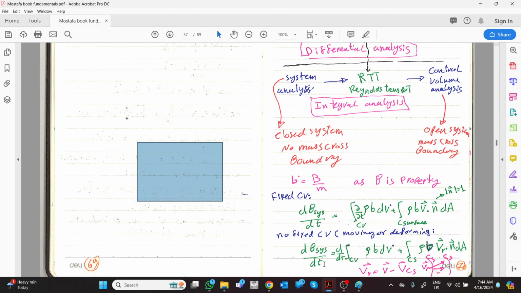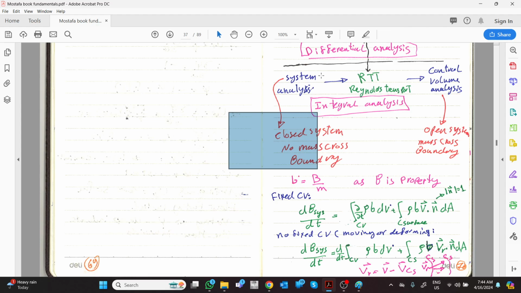It will become a little bit more complicated if it is not fixed, which means the control volume is moving with me. It is not fixed in one location, so it is moving with me or changing in shape. For example, it was like this, then becomes like this, in the same location it is changing in shape, or it is moving.